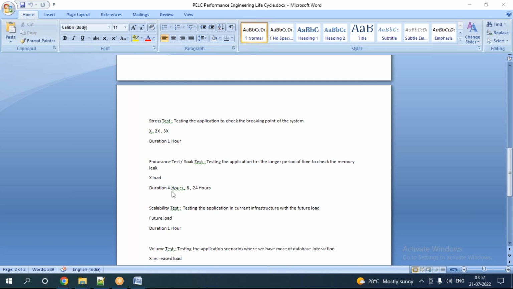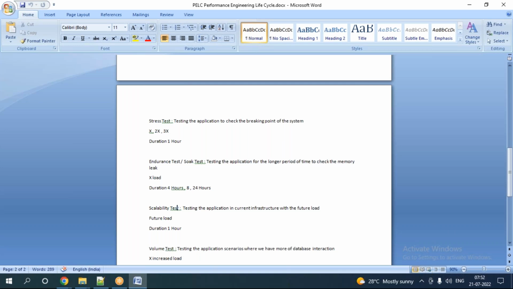And then the scalability test. Scalability test means very simple: testing the application in the current infrastructure with the future load. Suddenly somebody will say, this year our user base is 1,000, and next year we may be getting 2,000 user load.